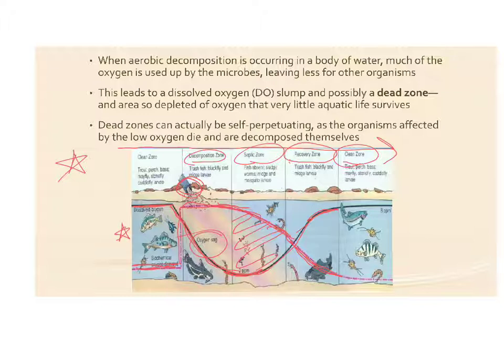So there's our clean zone, and we're back up to our normal DO levels and back down to our low BOD. You can see that those curves are inverse. And again, I'm going to stress that biochemical oxygen demand is opposite of dissolved oxygen. So when BOD is high, DO is low, and vice versa.